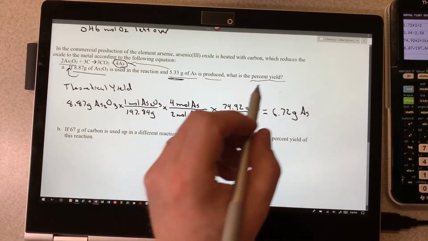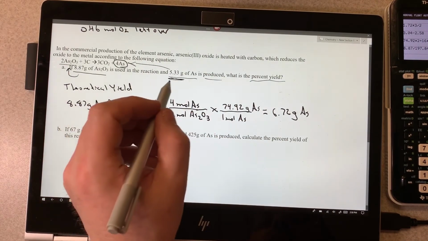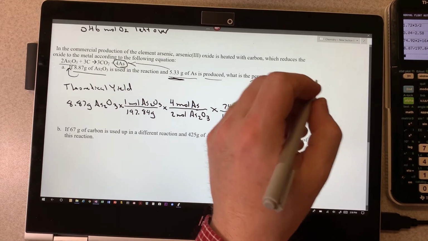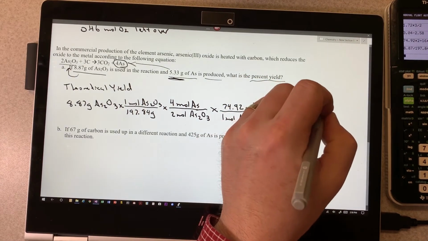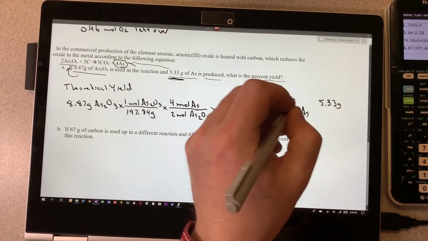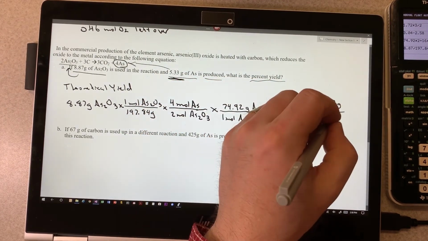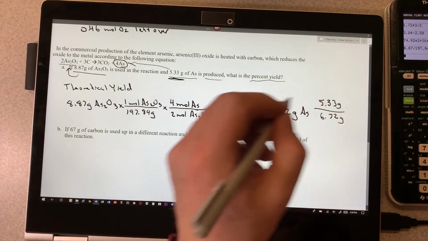Okay, so in this case, I want to know what the percent yield is. Well, I'm told that I actually get that much. So I have 5.33 grams that I collected divided by 6.72 grams theoretically.